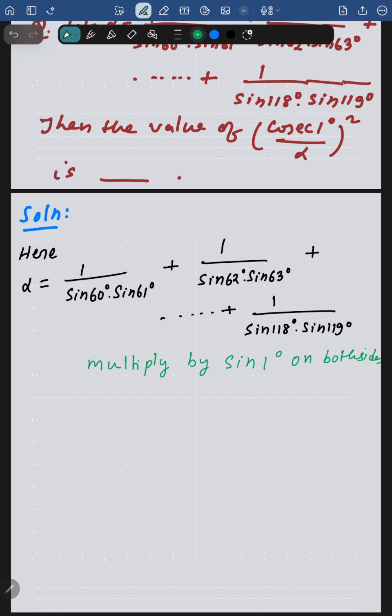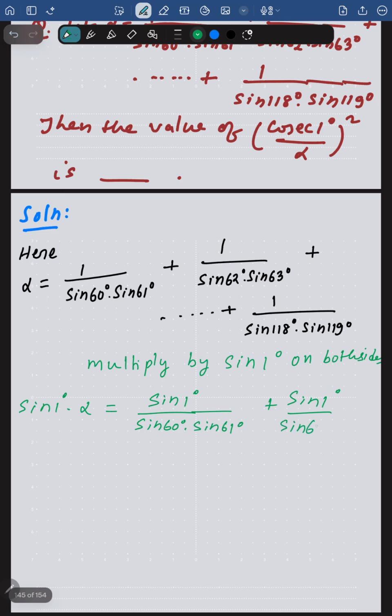Okay, so what you will get here, you will get sine 1 degree into alpha, and on the right side you will get sine 1 degree upon sine 60 degree into sine 61 degree plus second term will also be multiplied because we are multiplying throughout the expression.